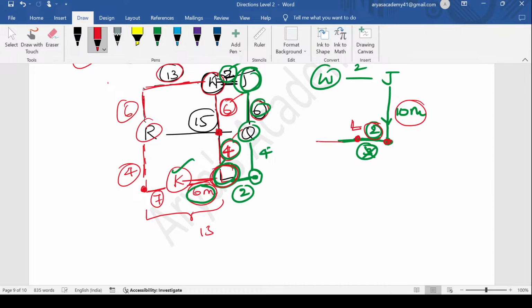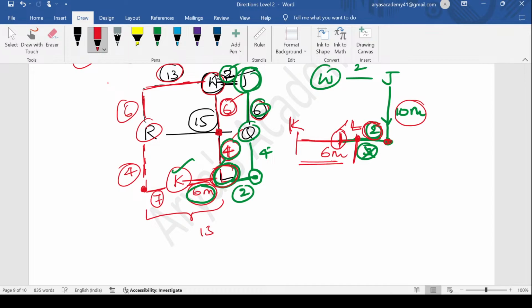And from L, if I go further, 6 meters, from here to here, which is point K, the distance is 6 meters. But I have not stopped after walking for 2, I have stopped after walking for 3. So my final point is here, not here.